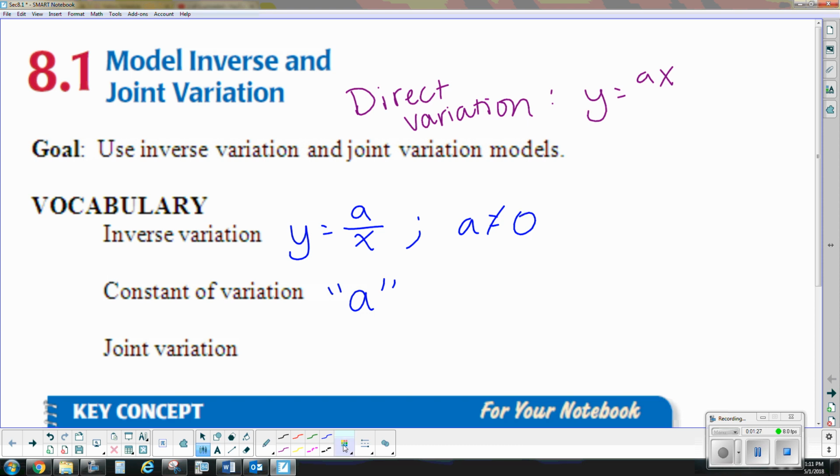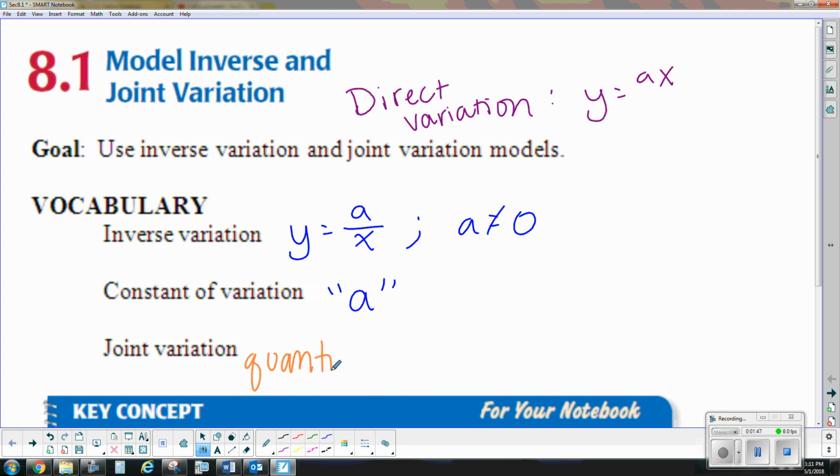Now a joint variation is like direct variation, but instead of varying with one quantity, it's going to vary directly with the product of two or more quantities.